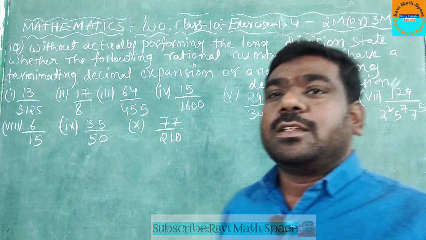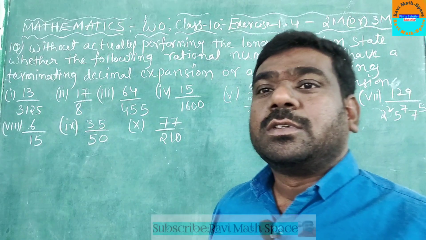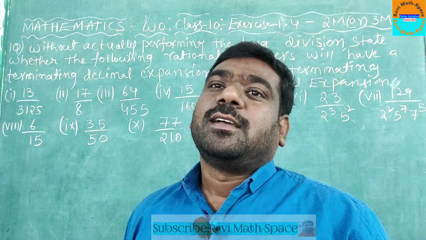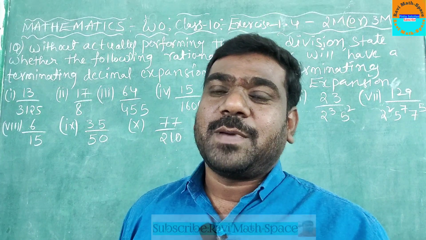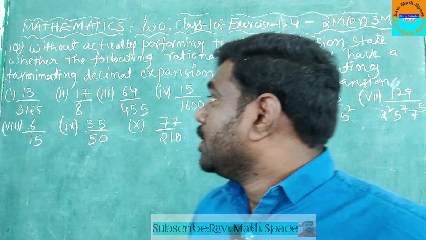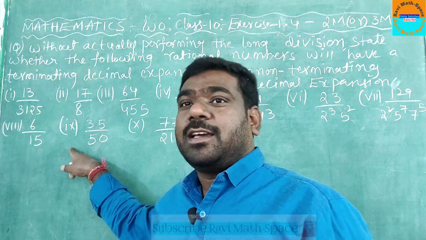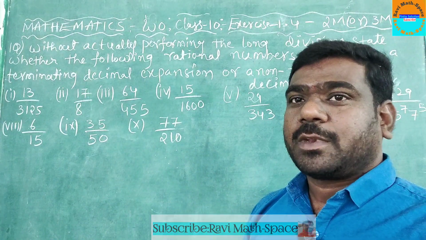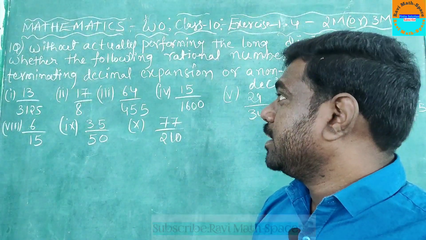So already we know that every rational number has either a terminating decimal expansion or a non-terminating decimal expansion. Here the condition is: without doing long division.